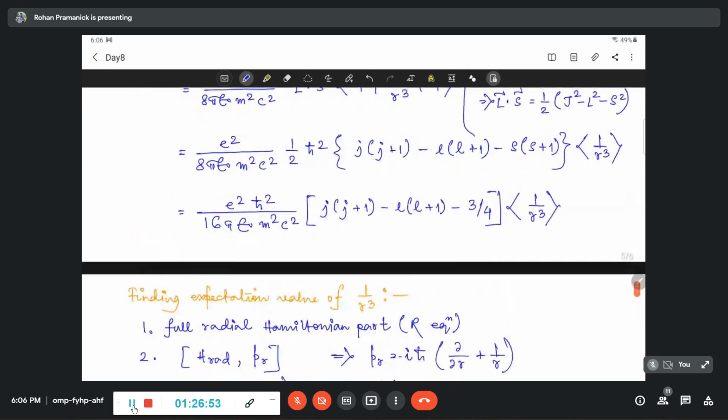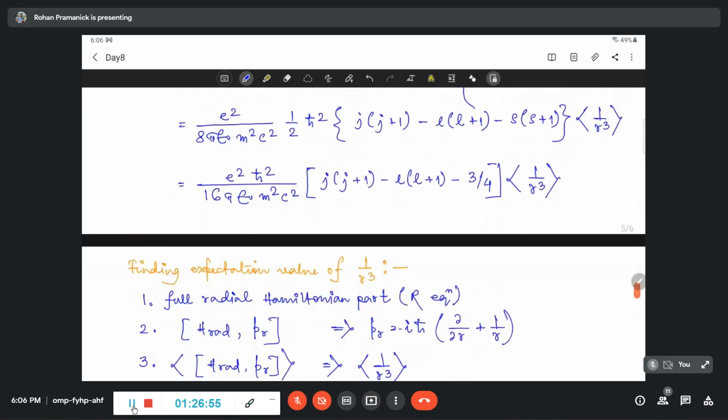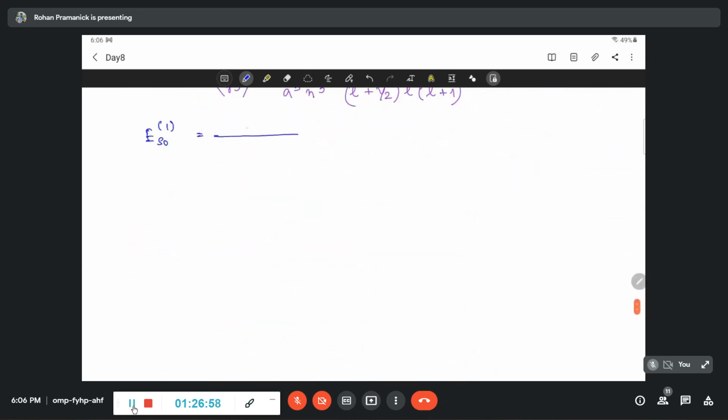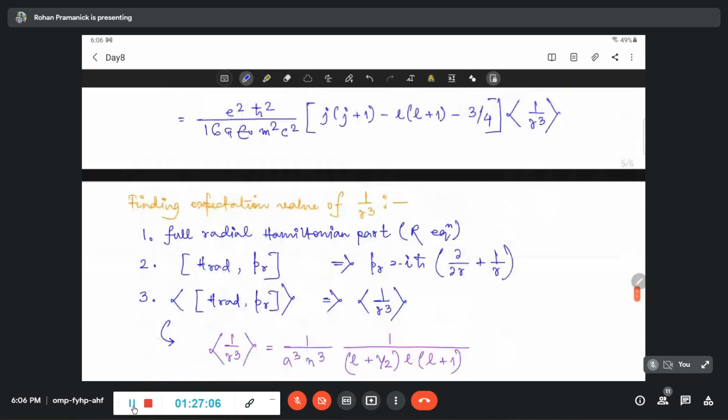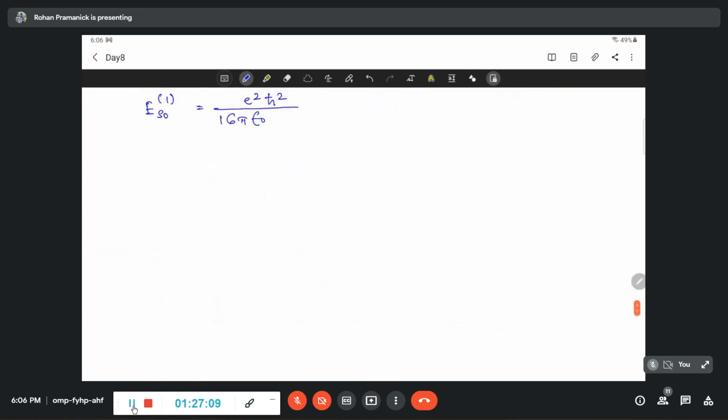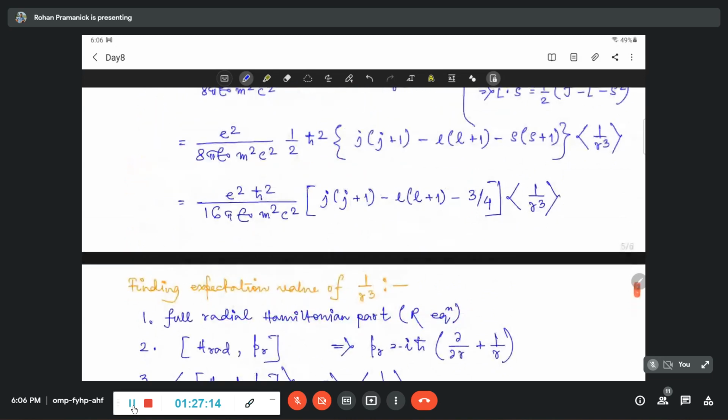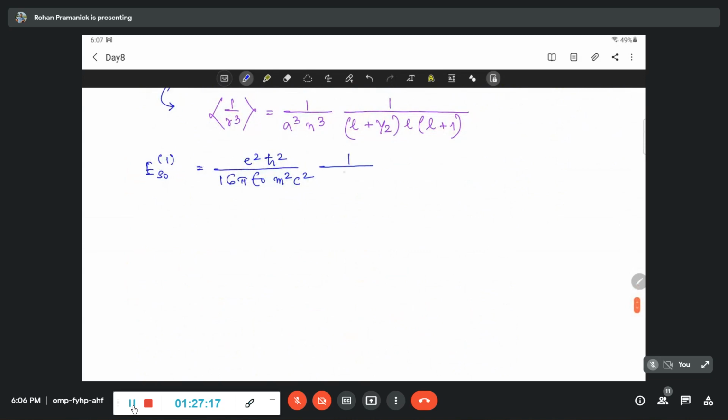So we have e squared h cut squared by 16 pi epsilon 0 m squared c squared, and 1 by R cube I can replace over here, 1 by a cube n cube, 1 by L into L plus half into L plus 1, and I am missing something.